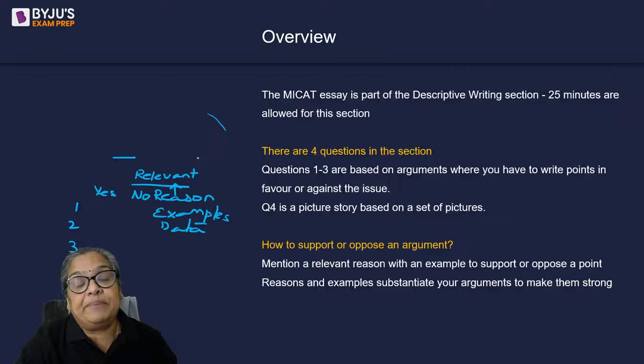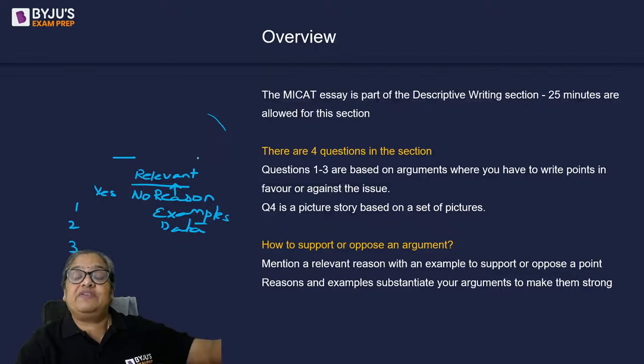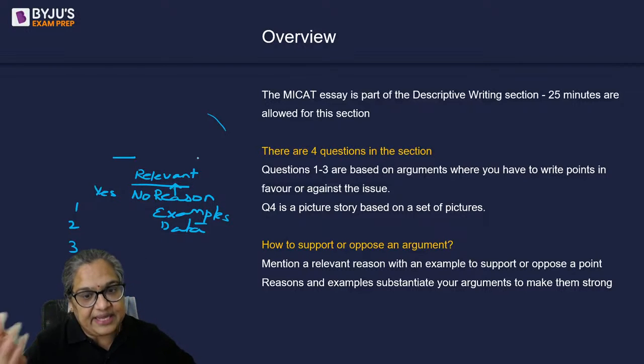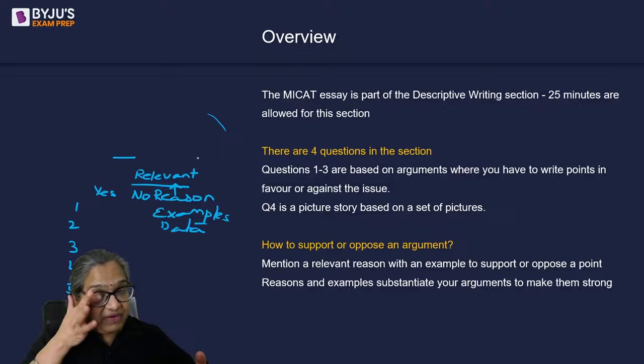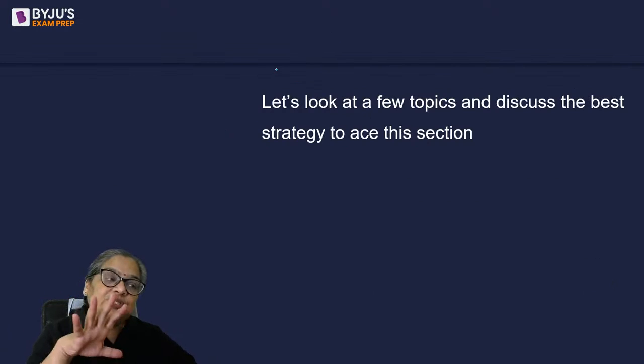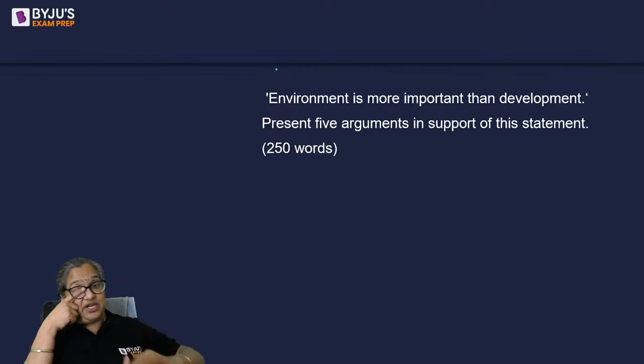Reason and example have to substantiate an argument for it to be strong. You are expected to write at least 3 strong arguments in favor of a topic and 3 points against. If they ask you 5, try to make it 5. Clear? Okay. Next, let's look at one topic that was asked for the first 3 questions.